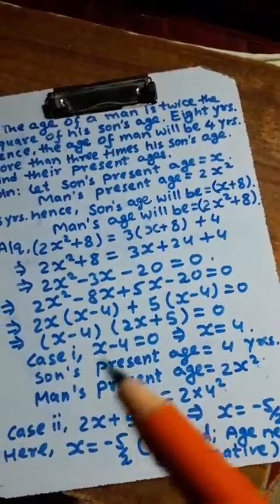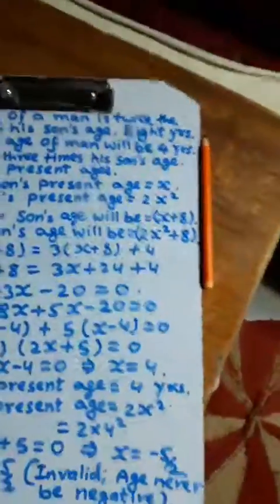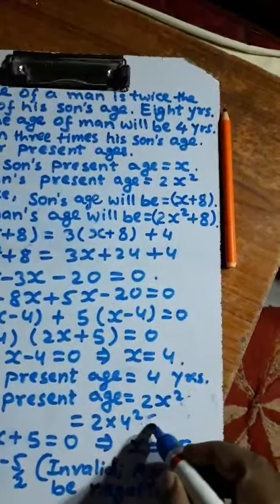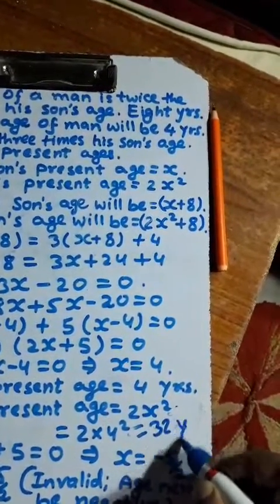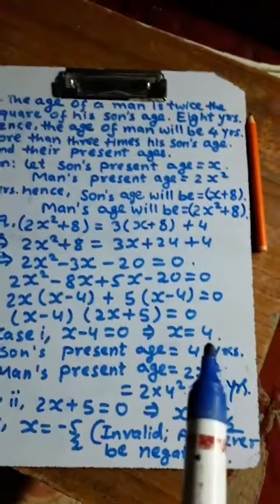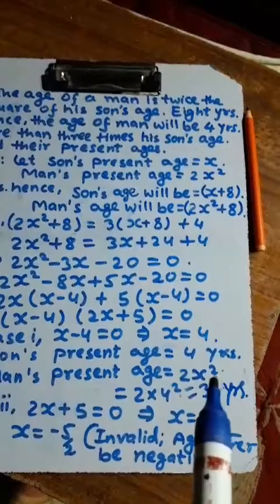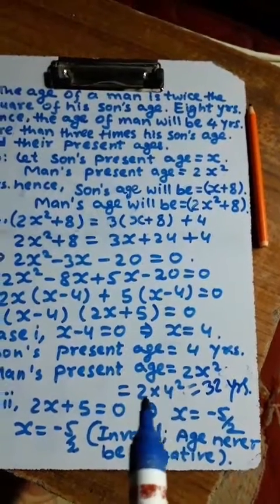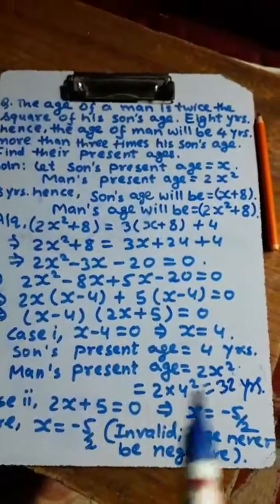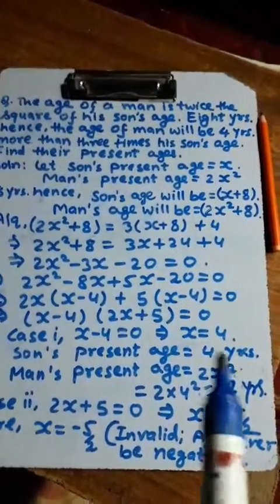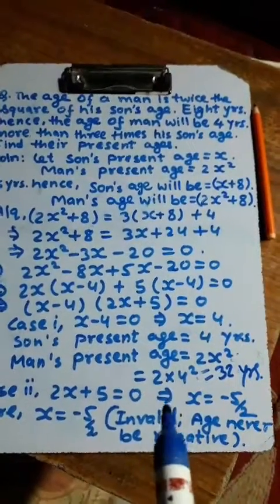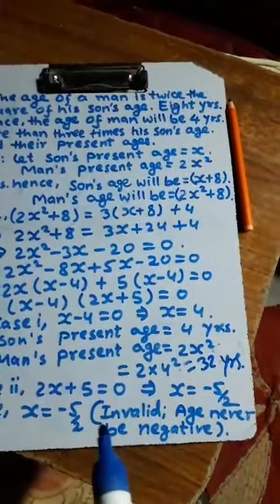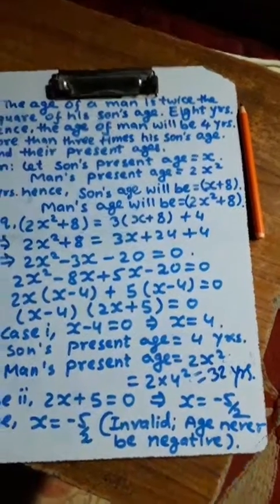I had added 2x square plus 8, but that is not the present age. That is 32 years. Clear? The son's age is 4 years, the man's age is 2 into x square, 2 into 4 square. 4 square is 16, 2 sixteens are 32 years. So that is your original answer. Now the second factor, 2x plus 5 equal to 0, x equal to minus 5 by 2. It is invalid because age can never be negative.